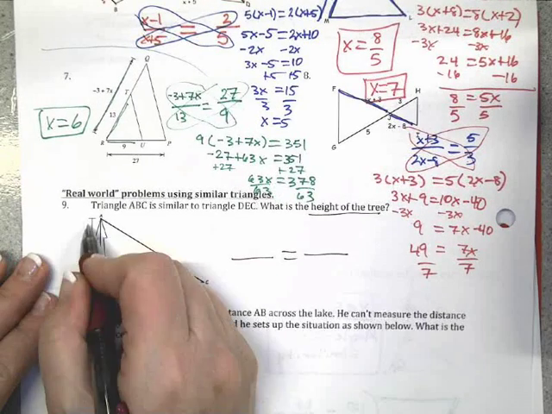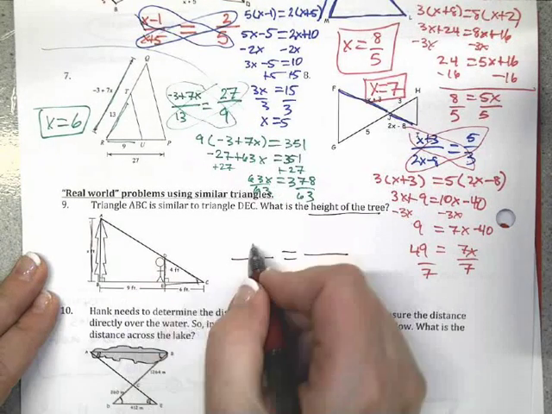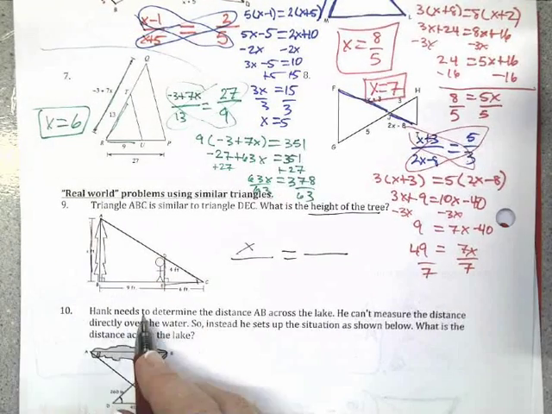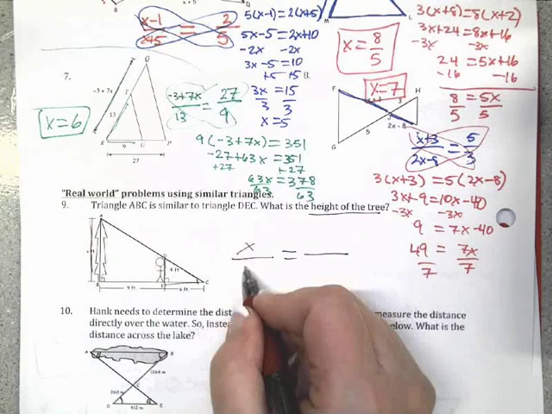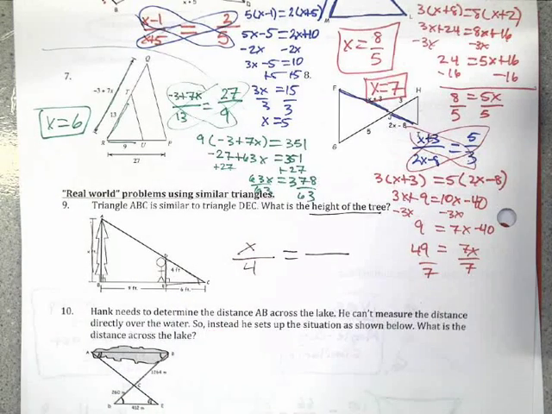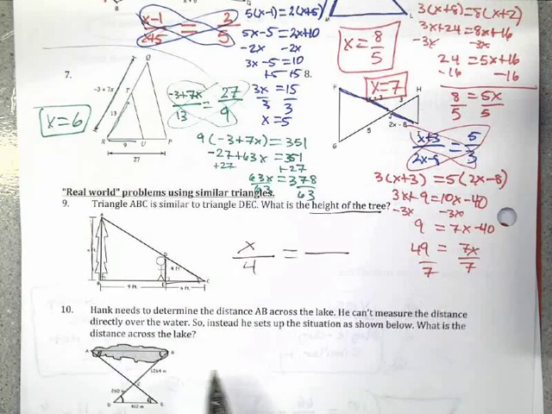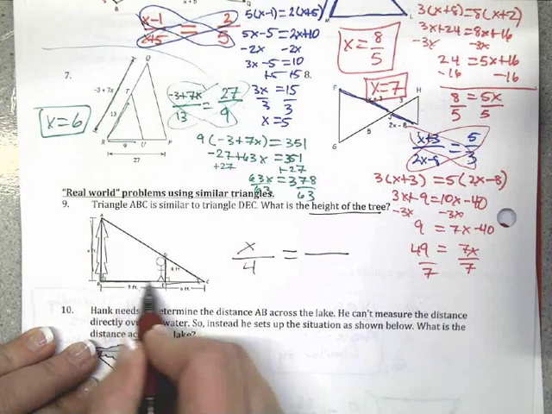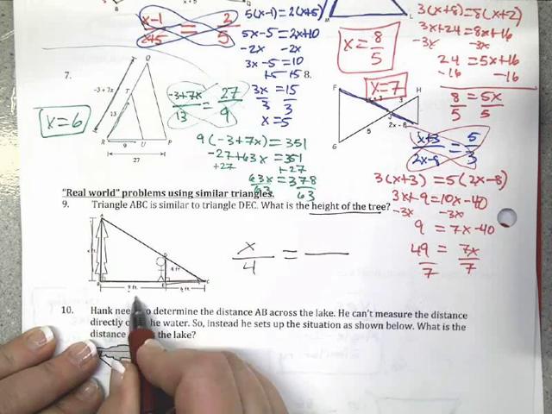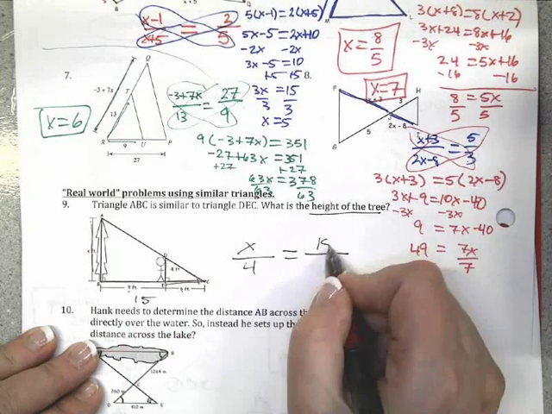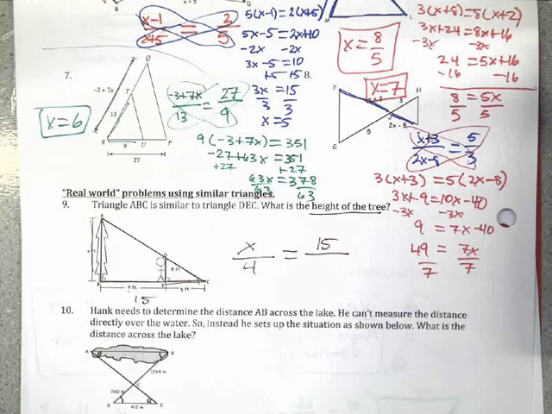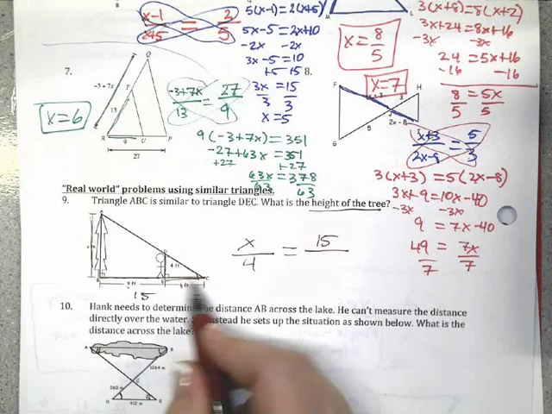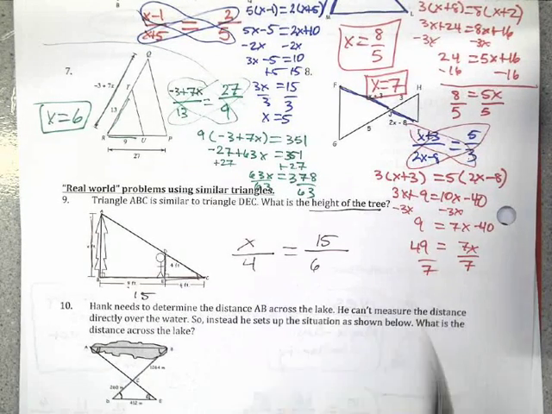So let's take the height of this tree, which is x. It corresponds with the height of this person, which is 4. And then back to the large triangle, let's take the entire length, which would be 9 plus 6, or 15. That side corresponds to this side right here, which is 6.